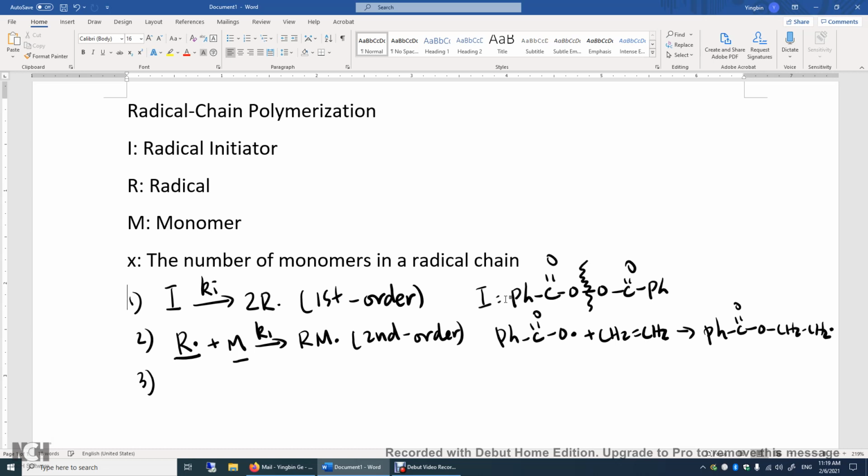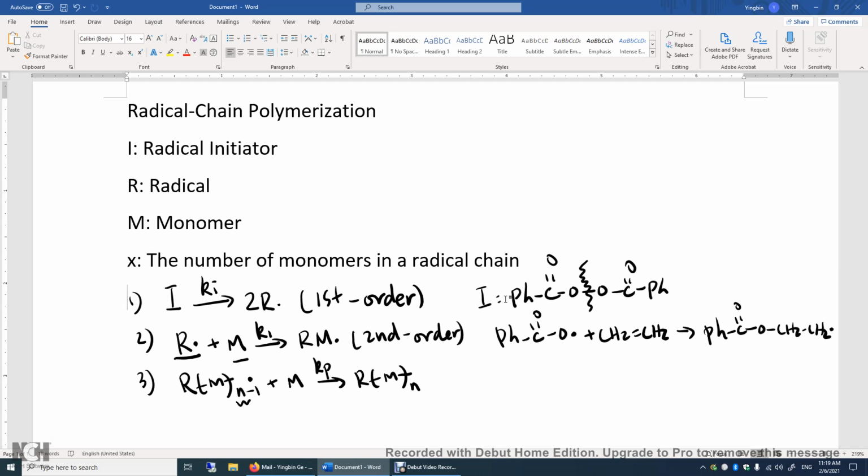Step 3, we call that propagation. We're going to make it more general, so we're going to say R M minus 1 plus M. We're going to use k sub P for the rate constant of this propagation reaction. Over here, this is also a radical attacking another monomer, and then we have a longer radical chain.